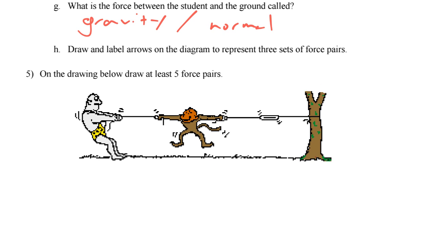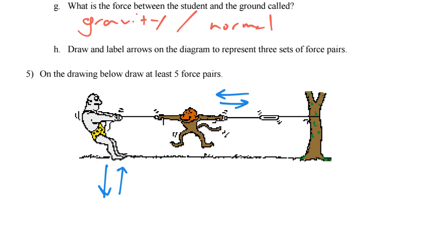We need 3 sets of force pairs in this diagram. So we can do, maybe for this guy, we'll just show gravity. Pick a spot on the rope and show tension pulling in both directions.